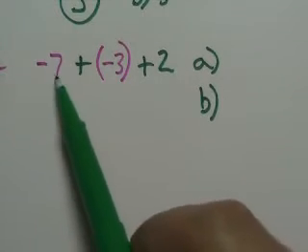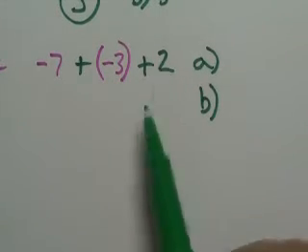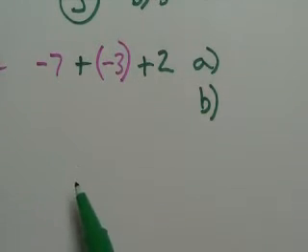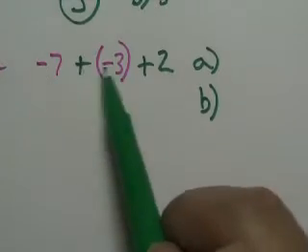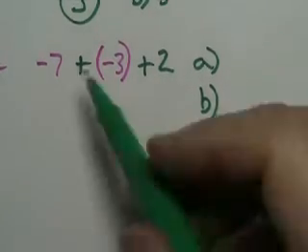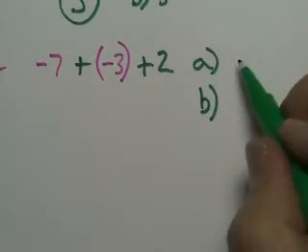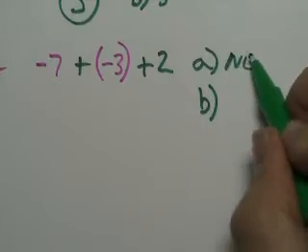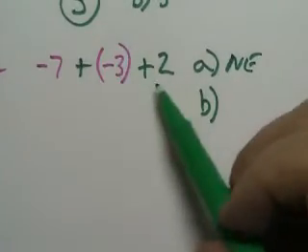Okay, the next one. I have -7, a -3, and a 2. Which team has the most, the negatives or the positives? Well, I have 10 negatives and only 2 positives. So there's more negative.